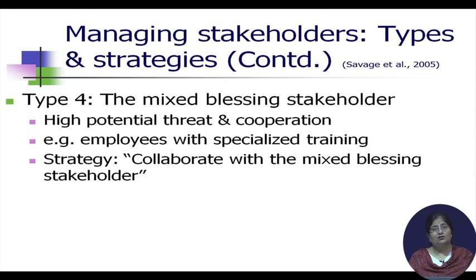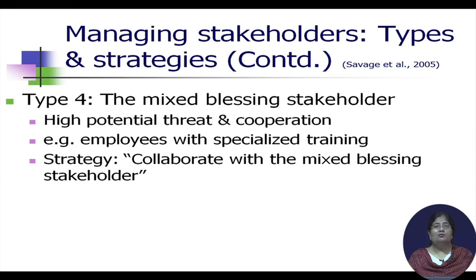Type 4 is the mixed blessing stakeholder. They have a high potential for threat and cooperation. They are a mixed blessing. If they choose to cooperate, they are good for your organization. If they don't choose to cooperate, they can be threatening for the organization. So there can be a problem there.